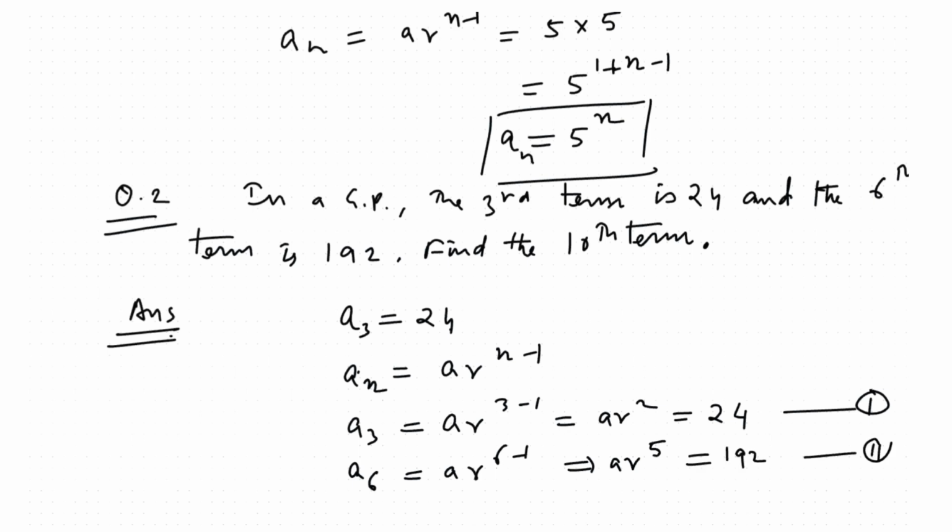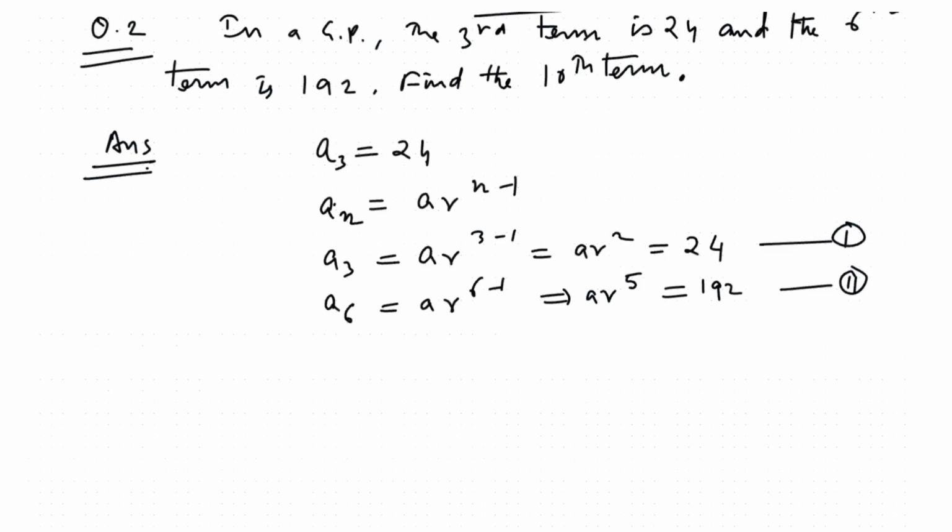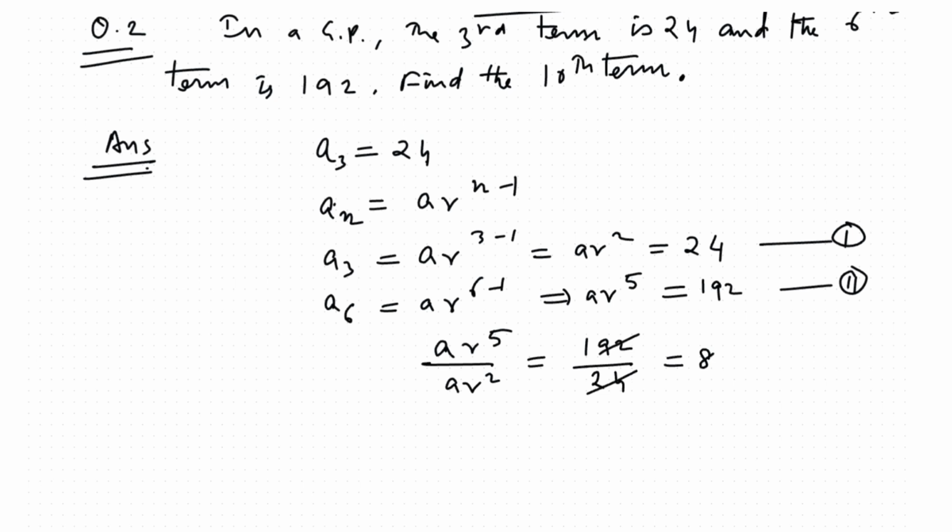Now what shall I get? Let us divide a r^5 by a r square. So it will be 192 upon 24. Okay. So if you cut it, what you would get is 8. Here a also gets cancelled. So r cube is 8, which means r is equal to 2.